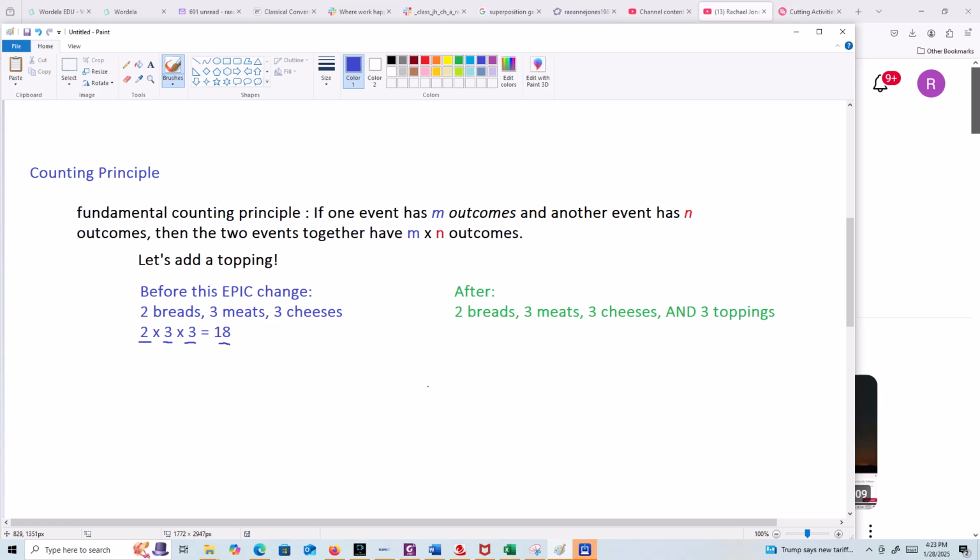Now he's going to be adding a topping, and there are 3 toppings. So now after the customer has chosen their cheese, they are not done. There's more to choose.